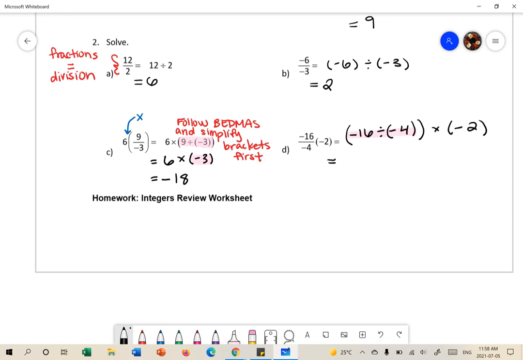So negative divided by negative, that's going to equal a positive. 16 divided by 4 is 4 times negative 2. And then a positive times a negative will equal a negative. 4 times 2 is 8.